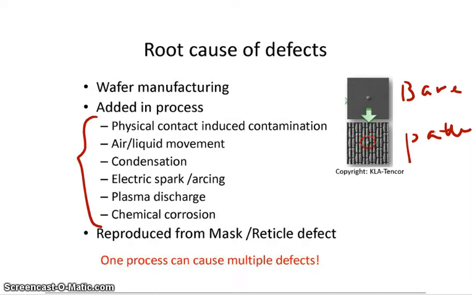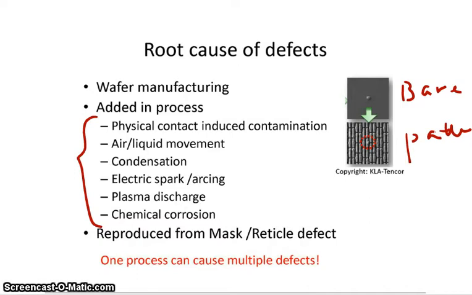We have physical contacts that can induce some contamination. We have air or liquid movement, and there's some condensation, electric spark or arcing, plasma discharge, and chemical corrosion. So many of the processes can cause a lot of defects.